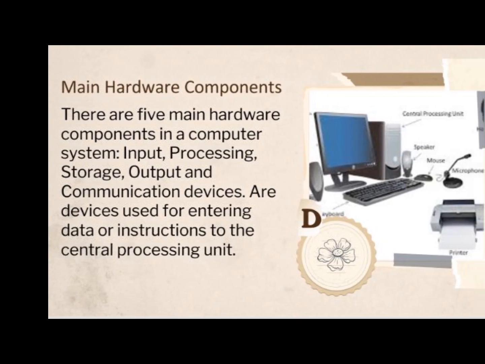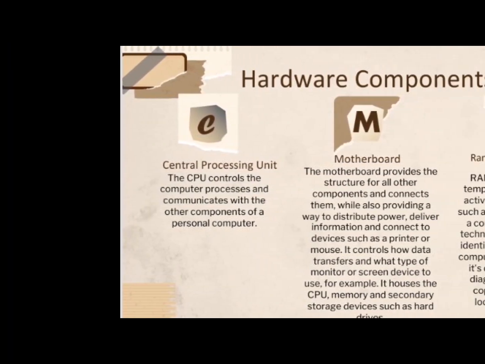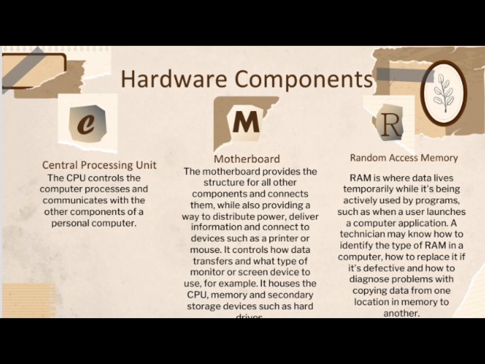There are 5 main hardware components in a computer system: input, processing, storage, output, and communication devices, which are devices used for entering data or instructions to the central processing unit. And these are examples of hardware components.